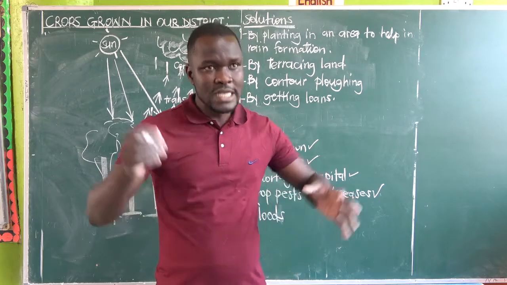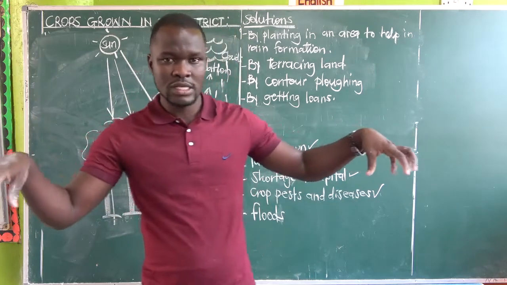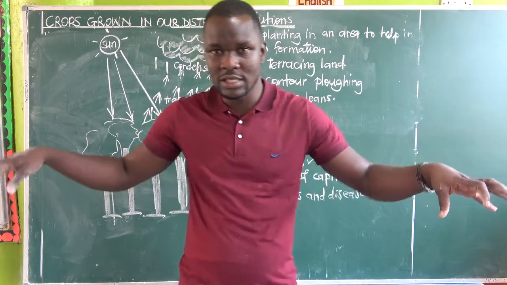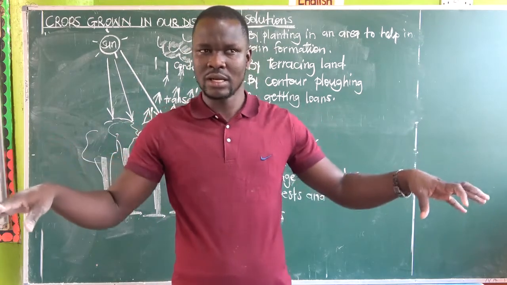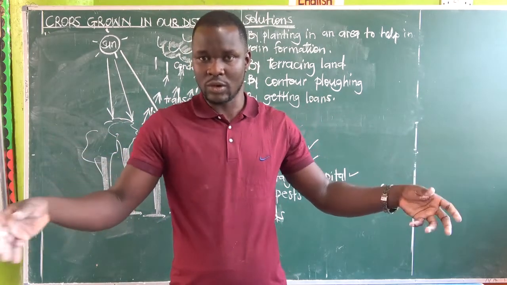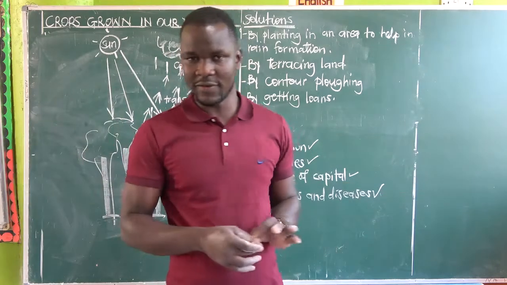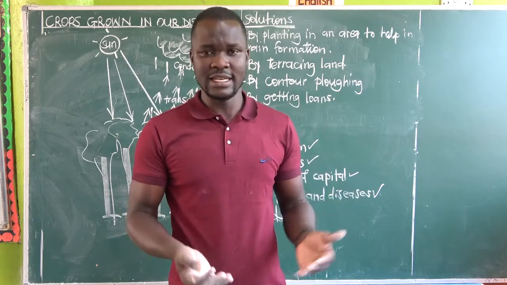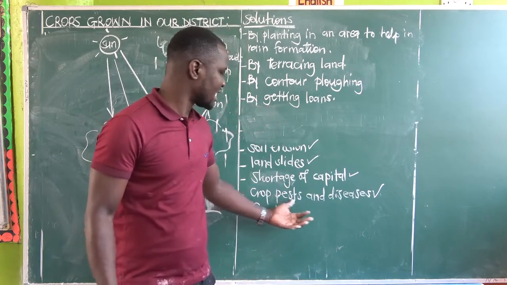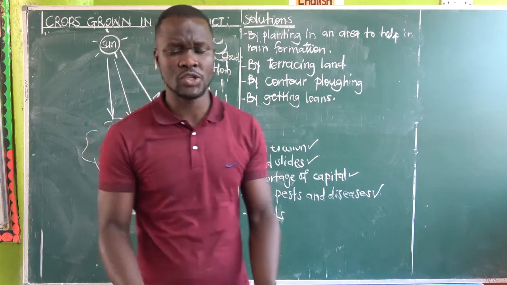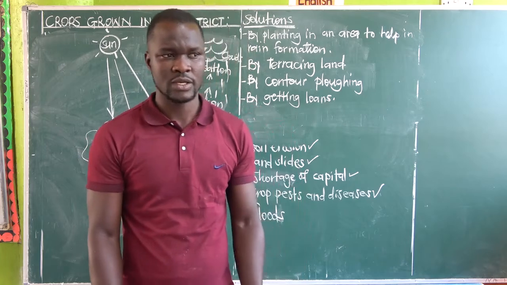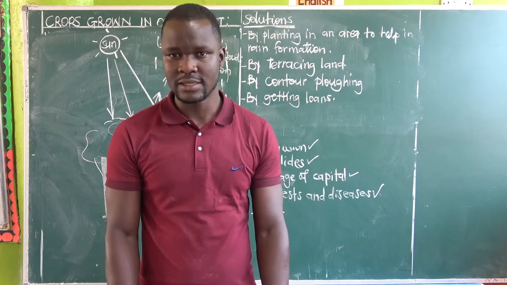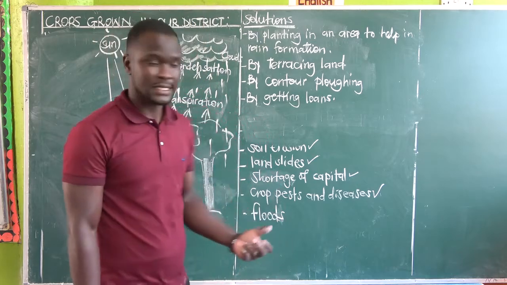So what they do, they put a scarecrow, something like a human being, so that when the wind blows, it shakes this scarecrow, and the birds fly away. The birds might think that one is a human being. So such techniques can be used to overcome the problem of pests and diseases, and also spraying these crops using pesticides. That can also help to kill the pests and the diseases that can be there.